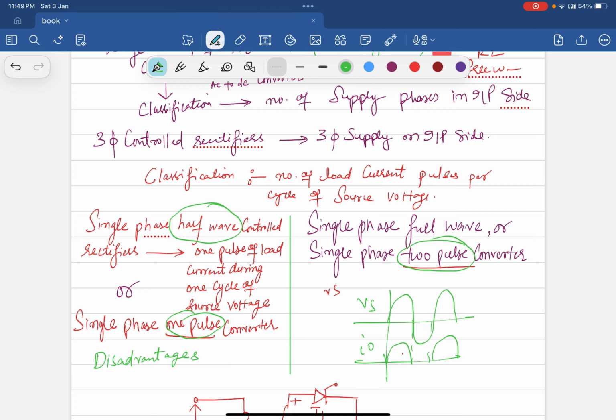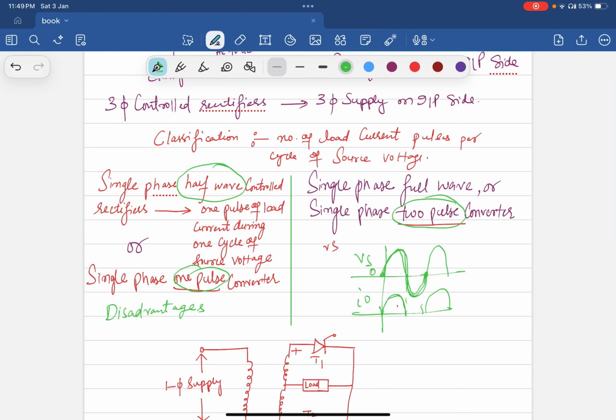Its meaning is that there is one pulse of the load current during one complete cycle. Here this is the complete cycle, it starts from 0, and for one complete cycle of the source voltage it has one pulse of the load current.